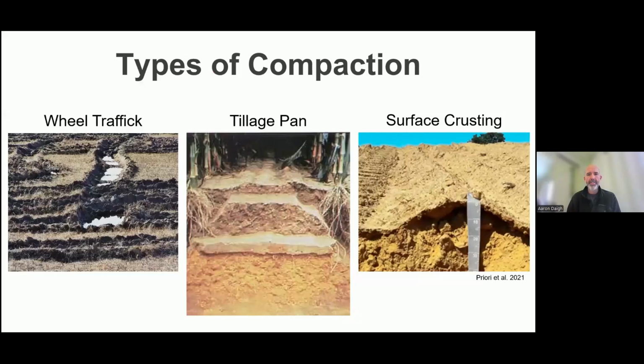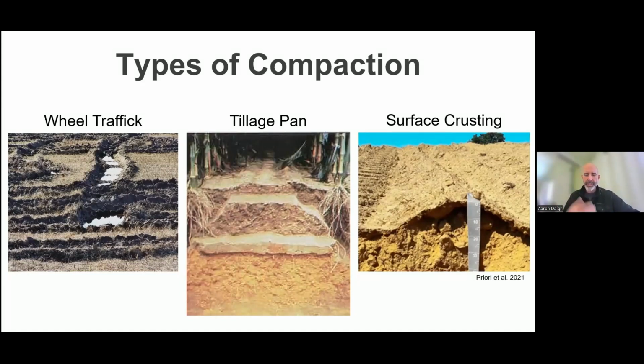Let's keep moving here. A few types of compaction to start off with. Wheel traffic compaction is what we're going to focus on today because it's probably some of the most severe compaction that occurs, and it tends to be quite persistent. There are also tillage pans, which occur just below the tillage depth, because when these implements push forward and break through the soil, they also exert a down pressure.